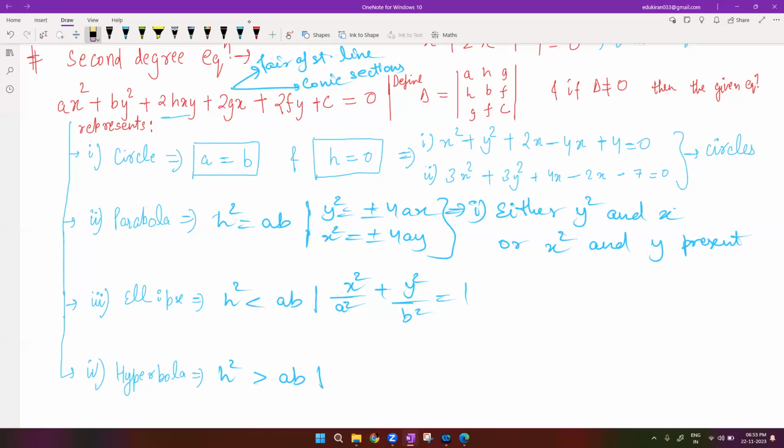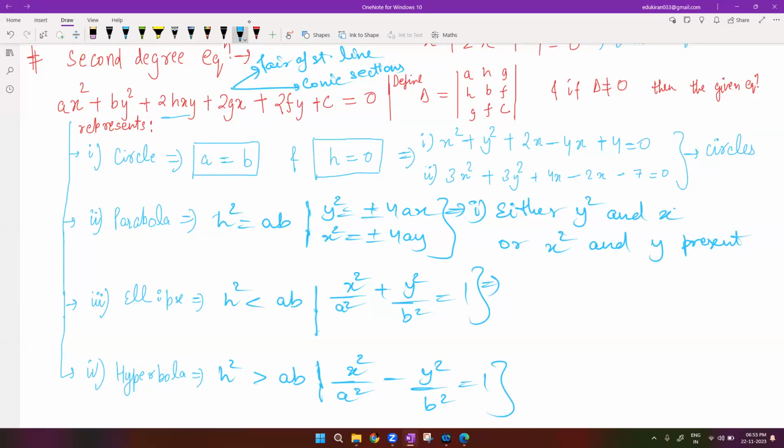How to understand what this equation is? Very simple. In this case, both x square and y square will be present, right? No term of xy will be there. I'm writing all the general equations and you can check them. These are the general equations.